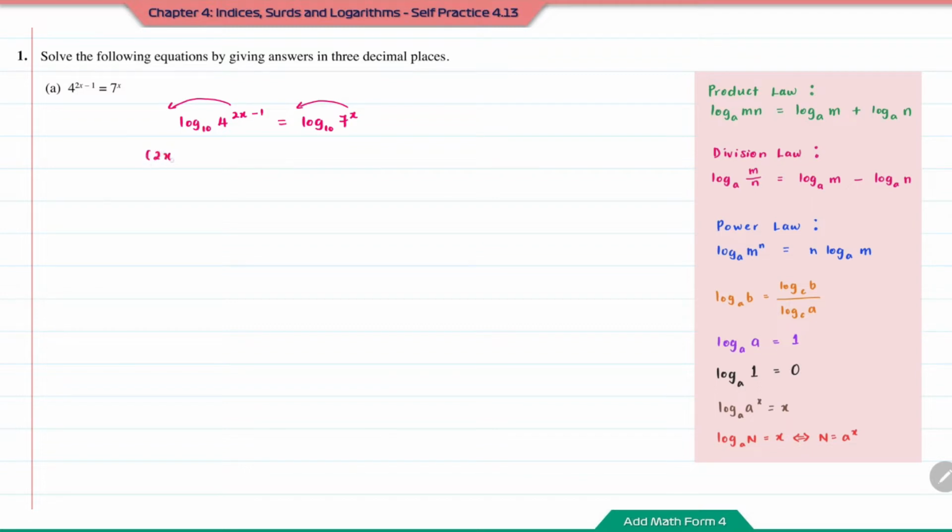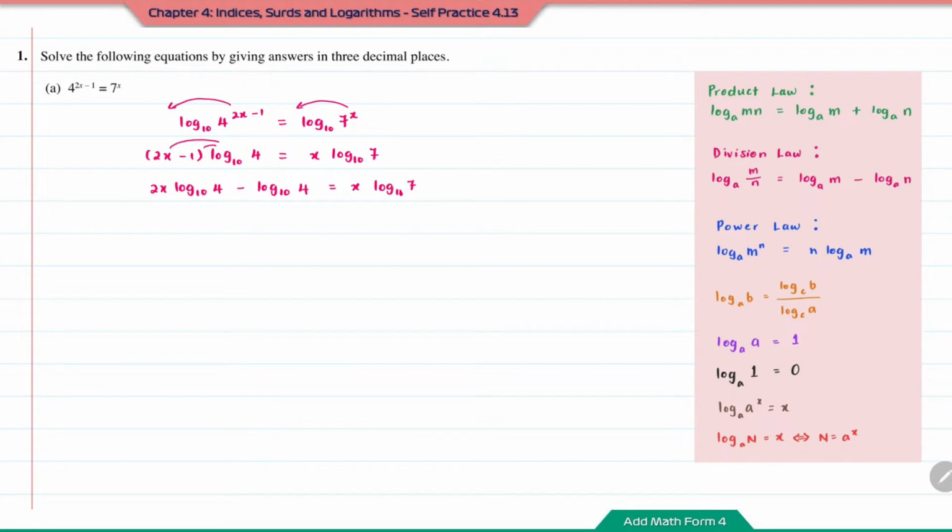So here I'm going to have brackets 2x minus 1 times log base 10 of 4 equals x times log base 10 of 7. Next, I'm going to expand this. So here you're going to get 2x times log base 10 of 4 minus log base 10 of 4 equals x times log base 10 of 7.